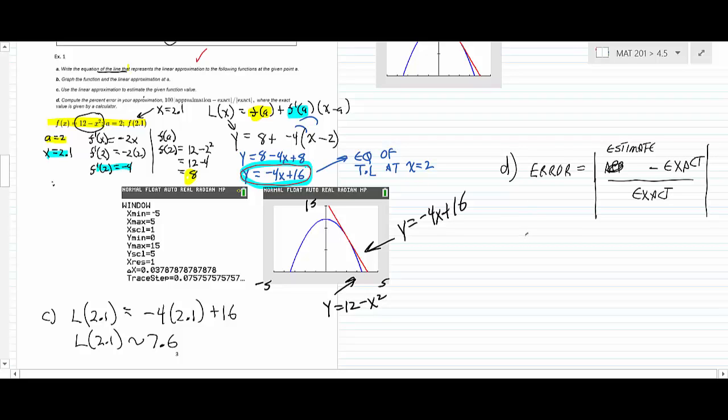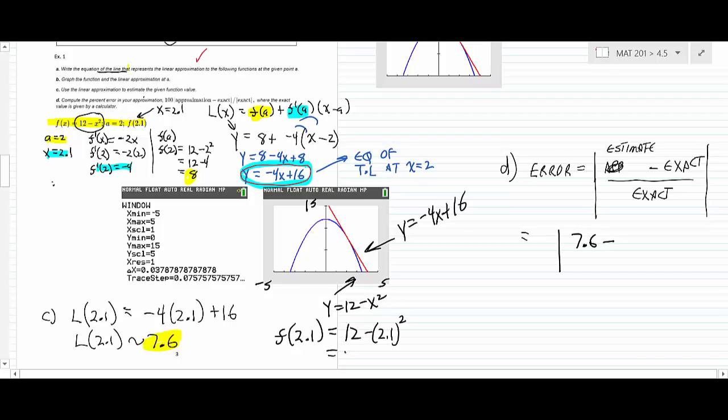So here's what you're going to do. The estimate was this right here, the 7.6. The exact answer was what I got on the calculator. If you did f of 2.1, you're really doing 12 minus 2.1 squared, because you're evaluating the function.